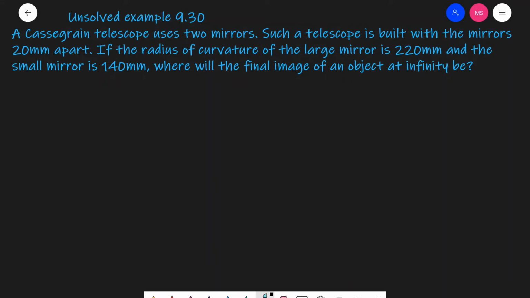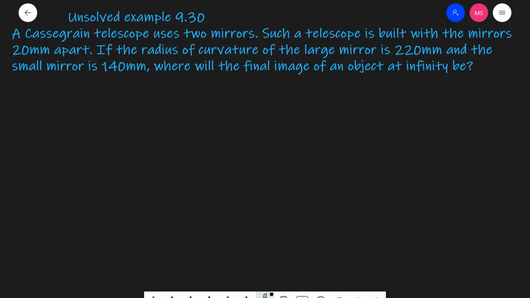Unsolved example 9.30. A Cassegrain telescope uses two mirrors. Such a telescope is built with the mirrors 20 mm apart. If the radius of curvature of the larger mirror is 220 mm and the smaller mirror is 140 mm, where will the final image of an object at infinity be?